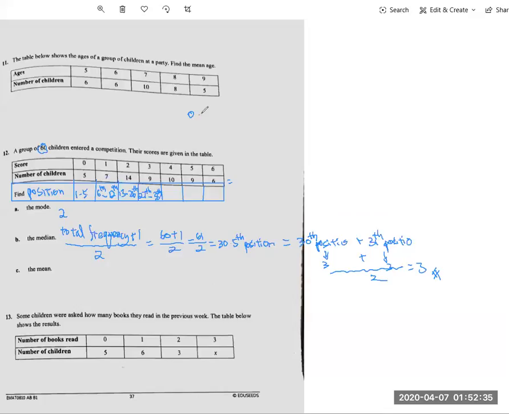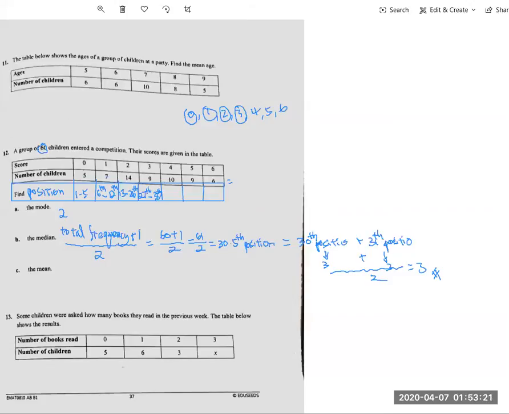Previously, if I give you 0, 1, 2, 3, 4, 5, 6, and if the number of frequency is not stated, that means the frequency is one number with 0, one number with 1, one number with 2, one number with 3. When there is no table given, each of them represents only one number. But in this case it's different. The score is 4, but there are 10 of them who score 4. So you have to be very careful for this type of question.